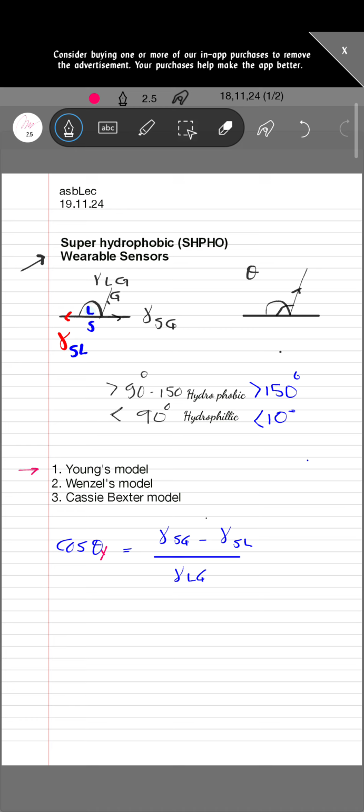And as previously told, these are the conditions which are also satisfied by Young's model.